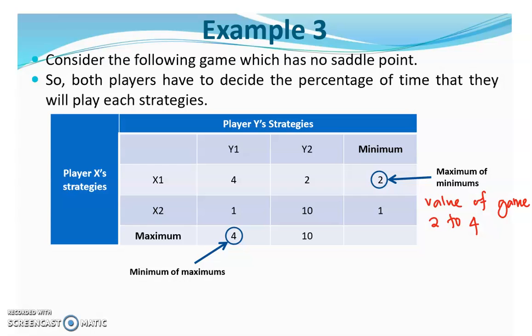Okay, so this is based on the values that we got here. So the value of this game is between 2 and 4. So what is the optimal strategy for both players, player X and player Y? In order to solve these mixed strategy games, we have several methods. But in this example, we will look at the expected gain and expected loss.